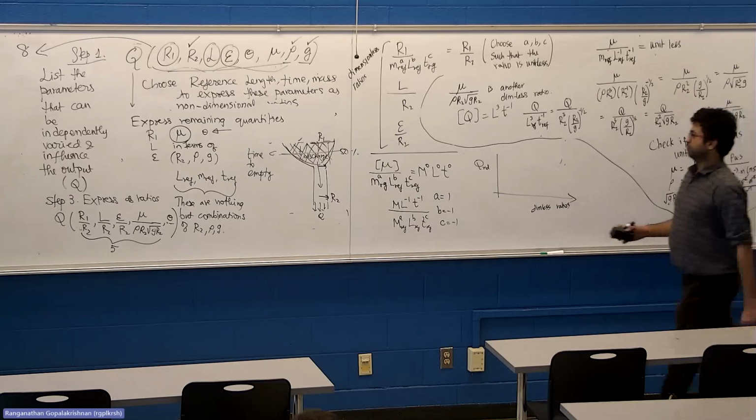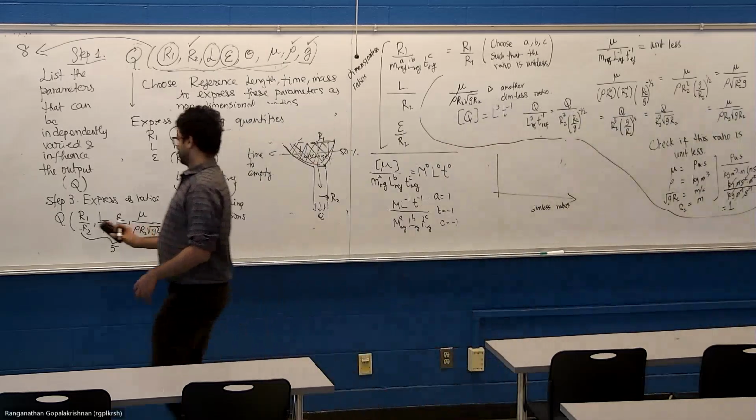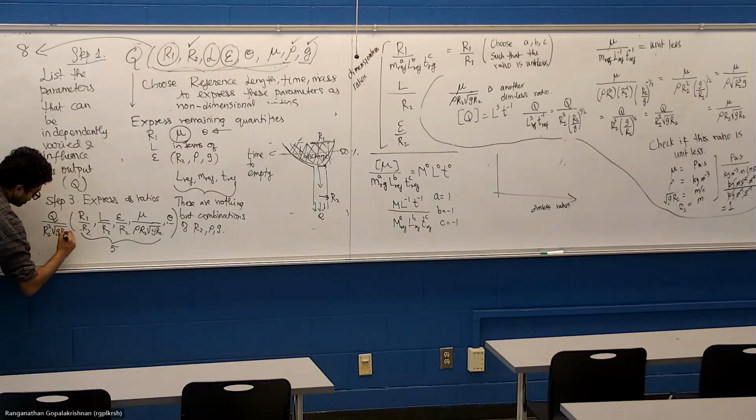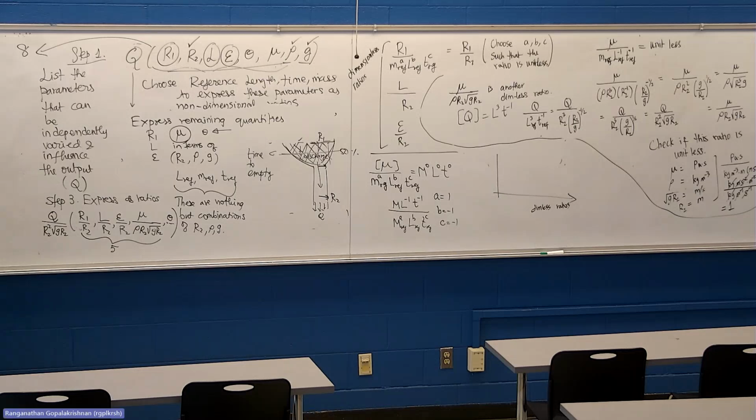So instead of Q, we can write this Q divided by R2 squared times square root of G R2. If I'm interested in expressing flow rate, because flow rate also, if the radius were bigger or G were higher, it will vary with that. So you are trying to not capture that variation also.